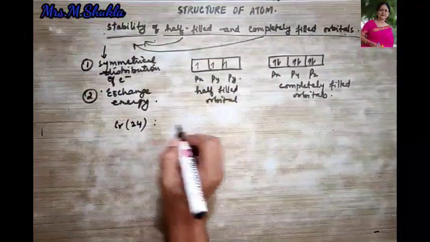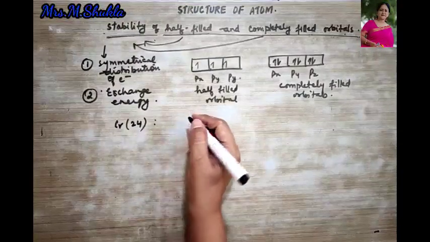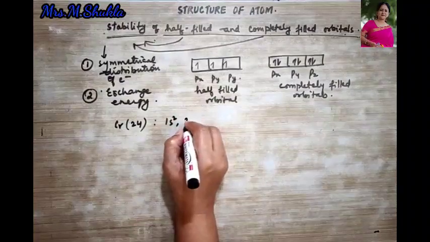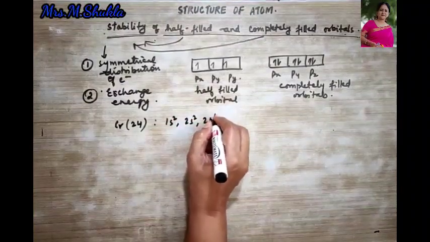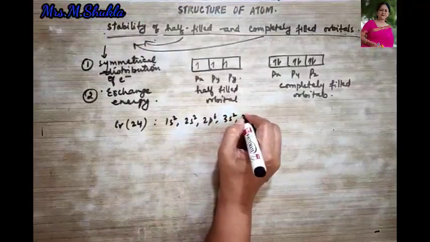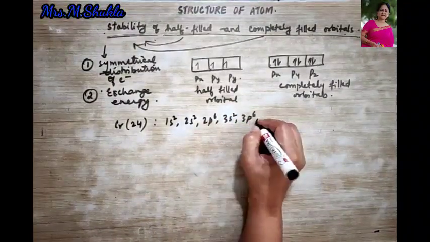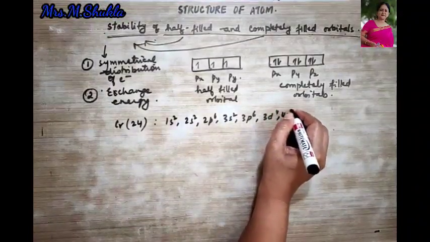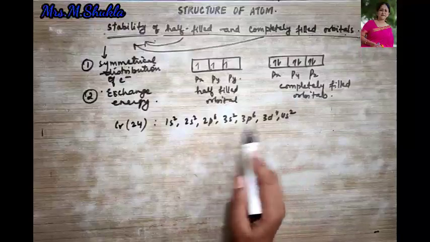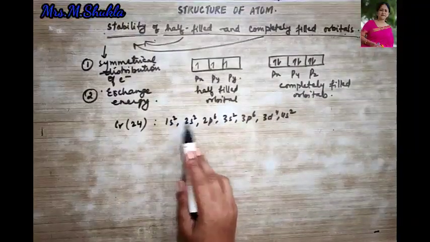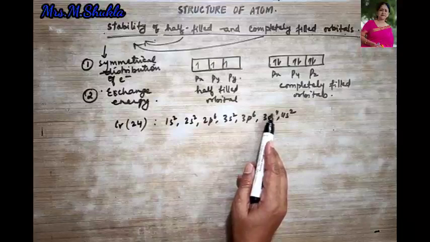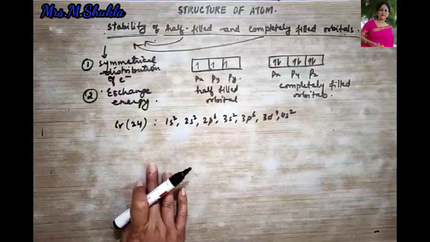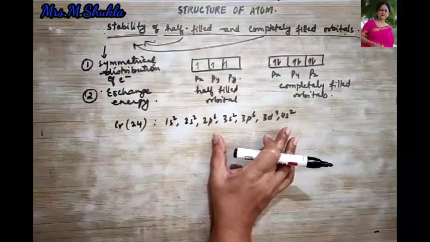So according to Aufbau's principle: 1s2, 2s2, 2p6, 3s2, 3p6, 3d4, 4s2. Let's check: 10, 20 and 4, 24. So this is the configuration given for chromium by Aufbau's principle.